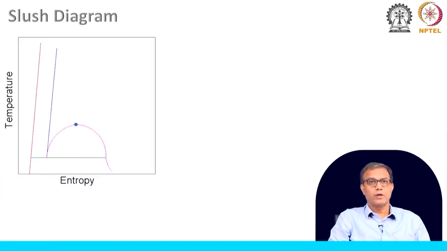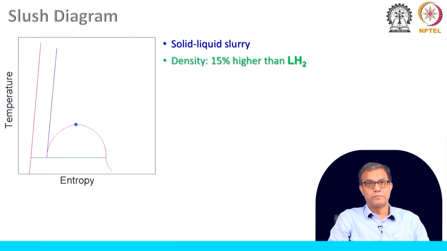So, now let us talk about the slush hydrogen. As I was saying, it is a slurry of solid and liquid. We can vary the quantity of solid in the liquid hydrogen, and that will determine the density of the resultant solid-liquid slurry.